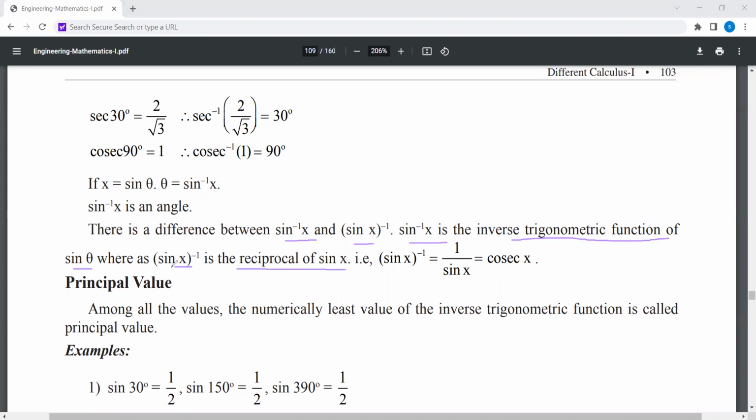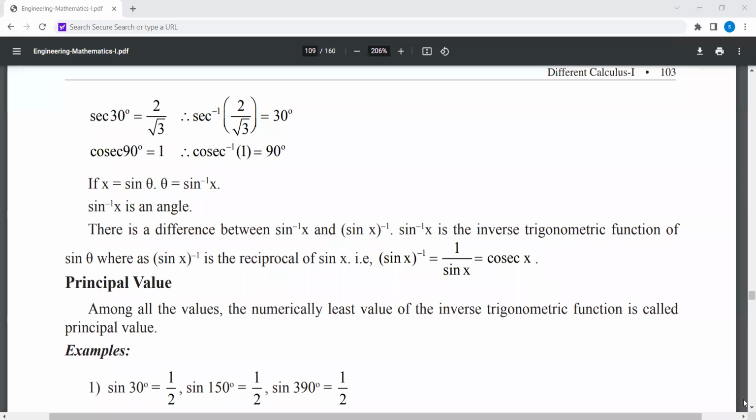This is an important concept. Sine x raised to minus 1 can be written as 1 by sine x, which is cosec x. In this concept, we learn that sine inverse x and sine x raised to minus 1 are different.